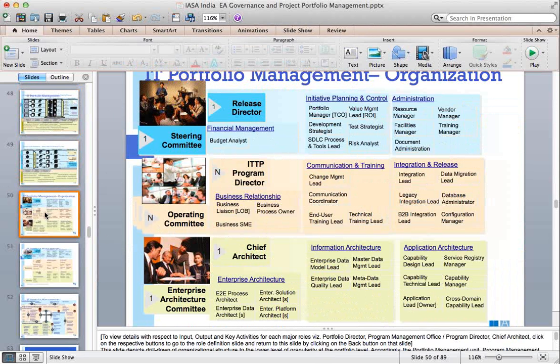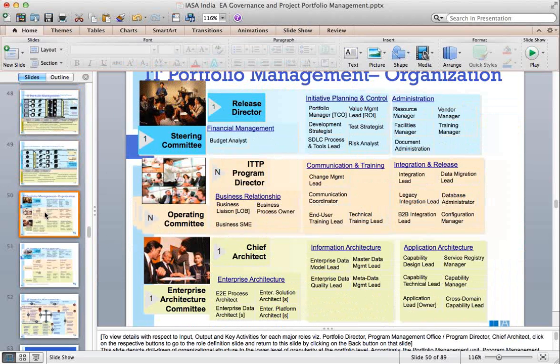If you look at some of the organizational role play and what they actually look at, this particular slide gives you a glimpse of who might be a part of which kind of team.